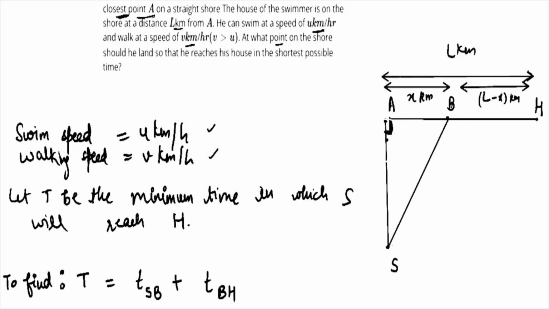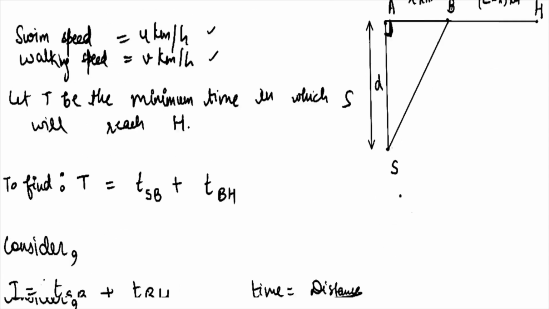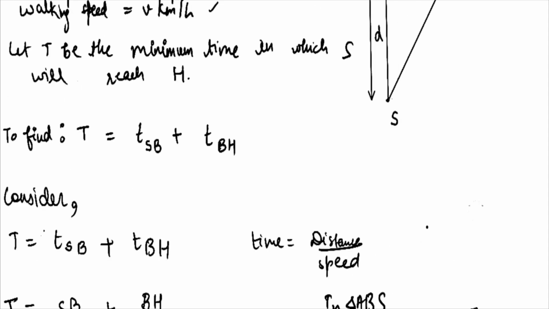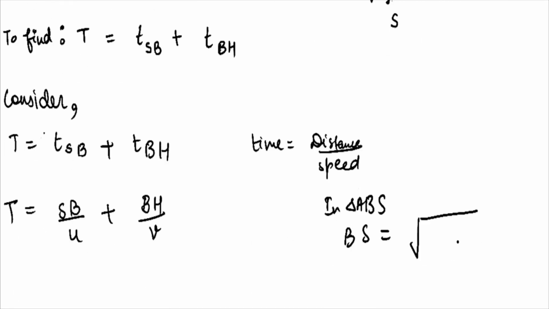So that means the line AS is perpendicular to AB, and the distance AS that we have given in the question is d kilometer. Now in this triangle ABS, we can apply Pythagoras theorem. We have AS d kilometer and AB x kilometer, so that we can find BS. So by Pythagoras theorem in triangle ABS, we will have BS is equal to the square root of d squared plus x squared.